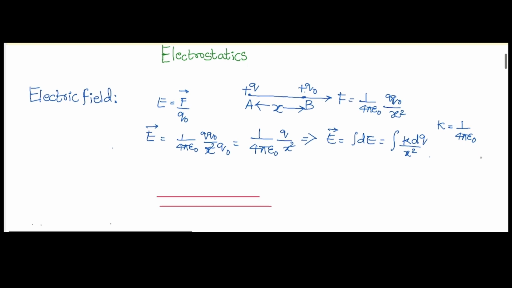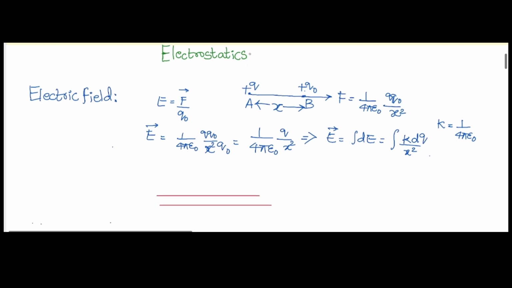Suppose there is a rod like this. It is uniformly positively charged.